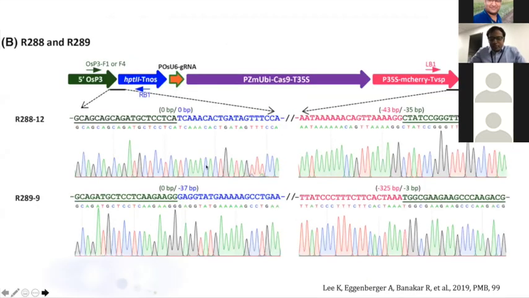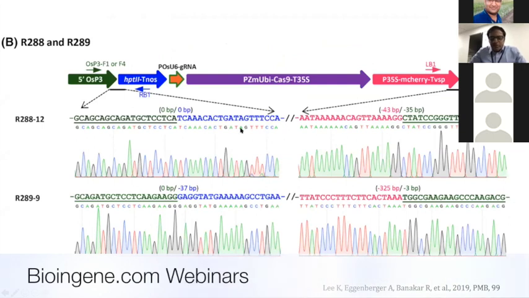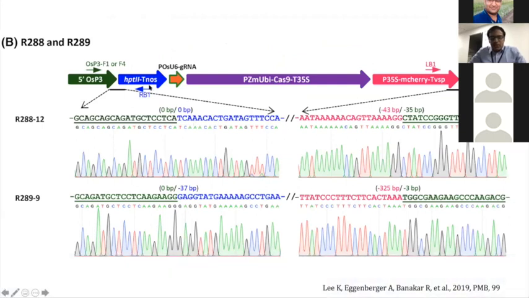But this has one drawback, I would say. If you look at the blue bar here, these are the nucleotides highlighted coming from the construct, then you have mCherry, which is highlighted in red, right? Then you have the green highlighted nucleotide sequence, which is coming from the genomic site where we wanted to land.